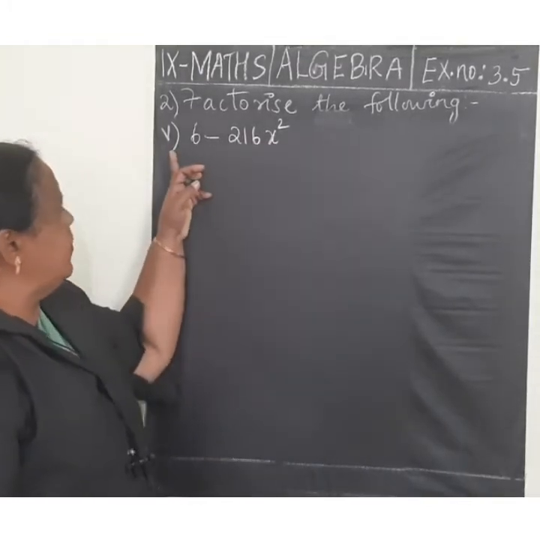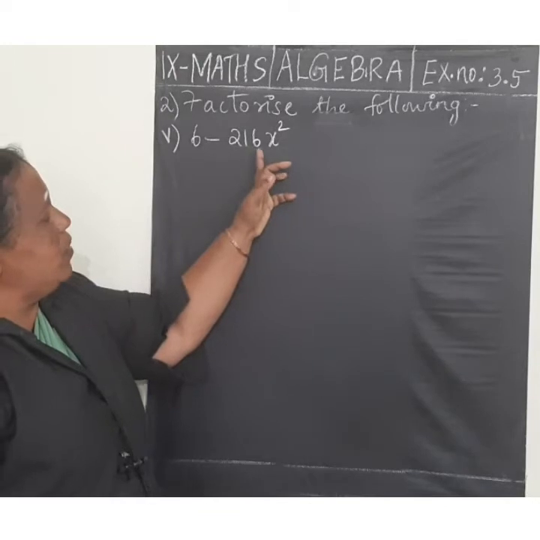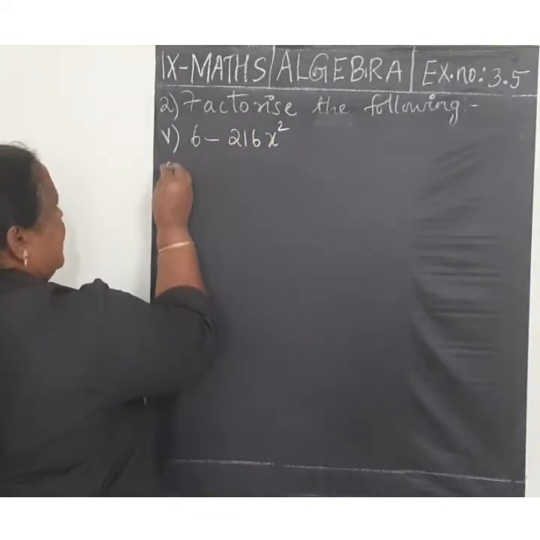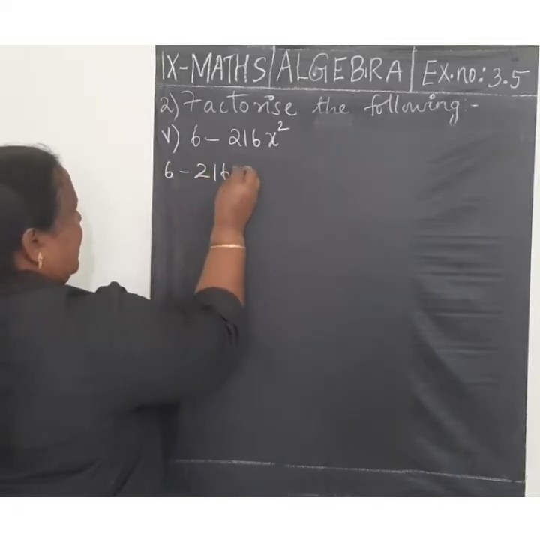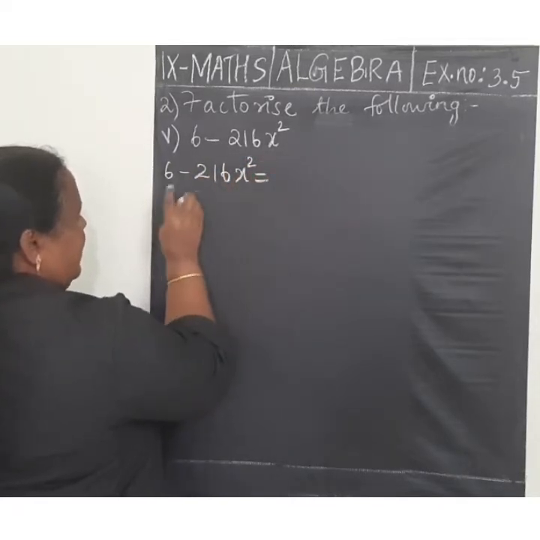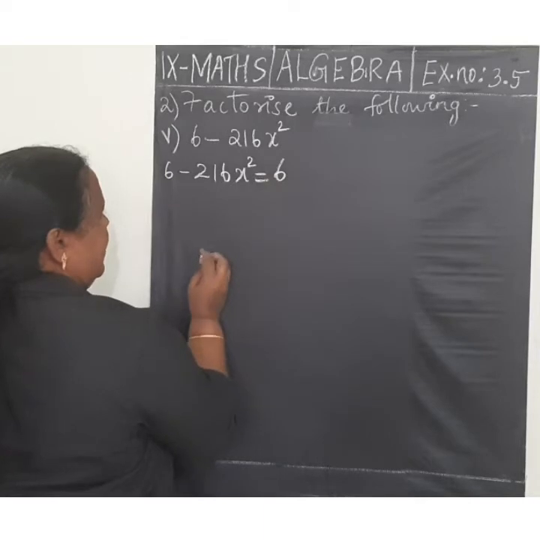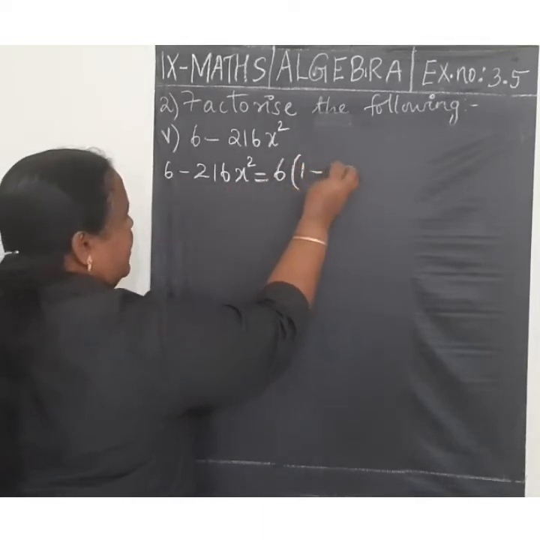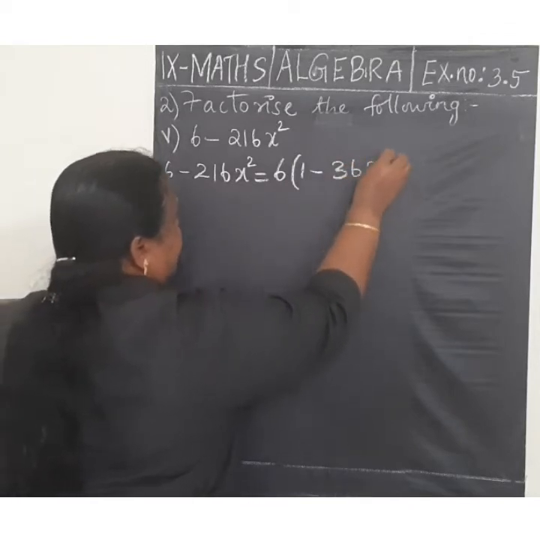Next, fifth subdivision: 6 minus 216 x squared. Now in this 6 minus 216 x squared we can take 6 as common. Taking 6 outside, we will be getting 1 minus 36 x squared.